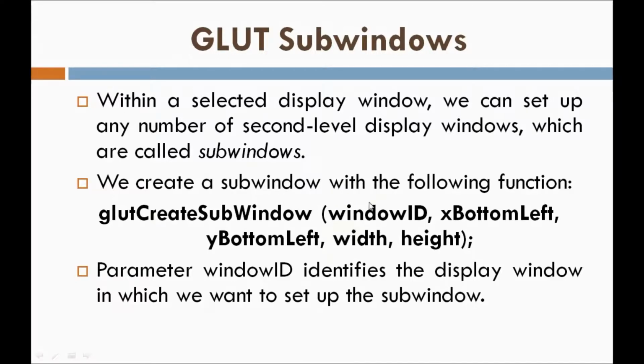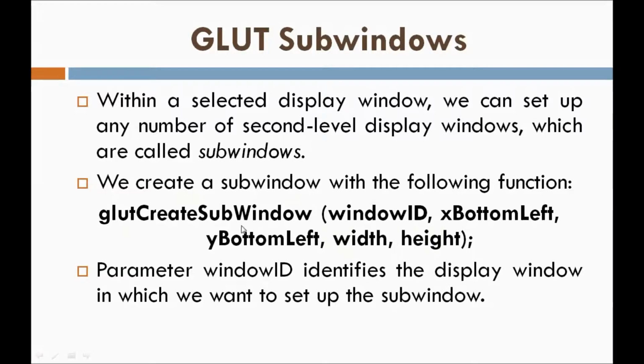You can see here you have to give a window ID for a sub window. The main window ID will be different, the sub window ID will be different. You can specify the four sides: for example, x bottom left, y bottom left, width of the sub window, height of the sub window.